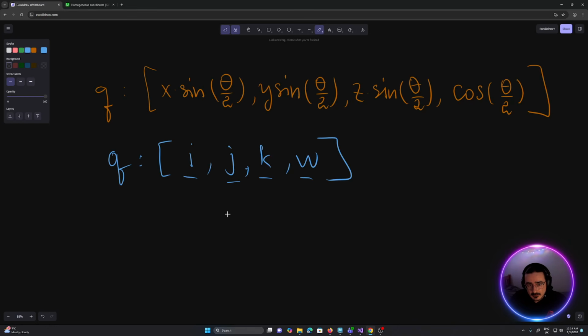But it's very nice to consider our quaternions in terms of axis angle of rotation.